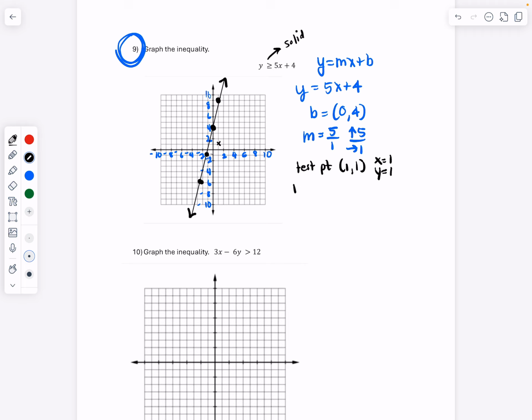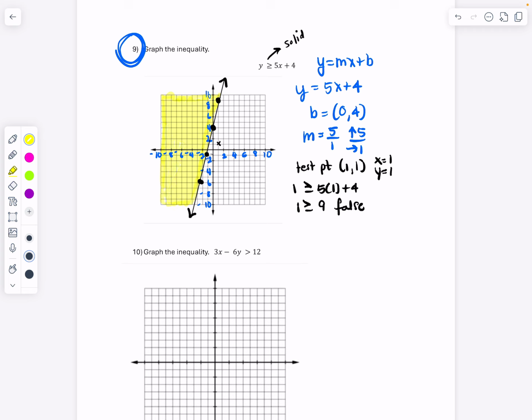So 1 is greater than or equal to 5 times 1 plus 4, so 1 is greater than or equal to 9. That is not true. That is false. So I'm going to shade the region that does not have the test point (1, 1) in it. Now I know that my solutions fall in this shaded region.